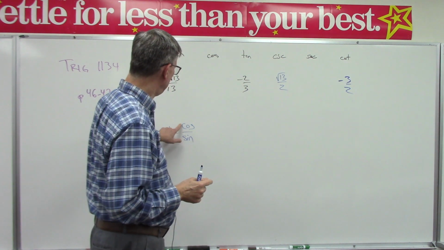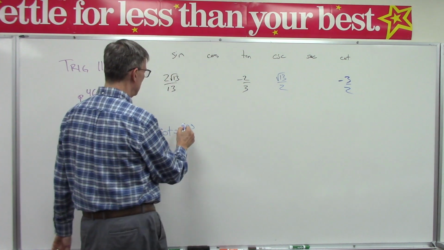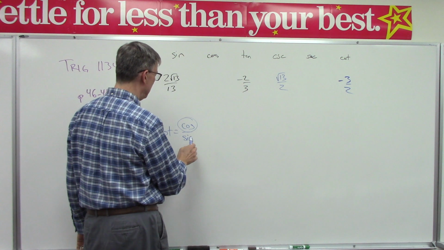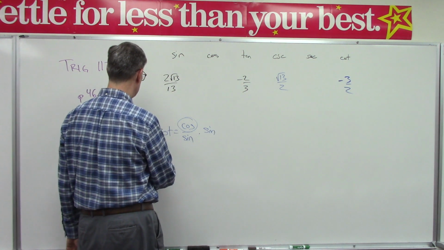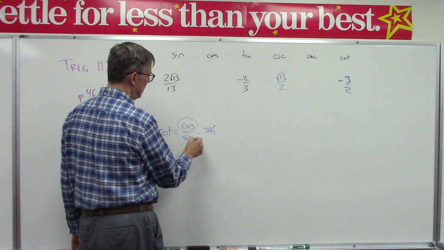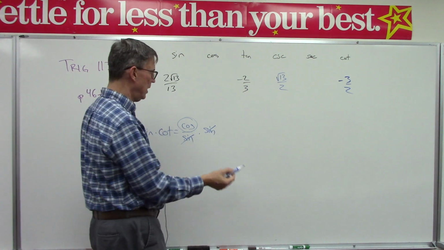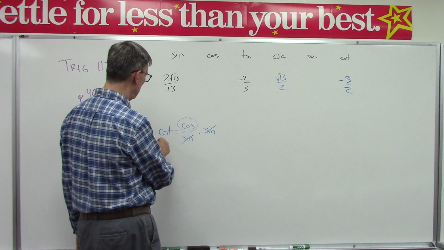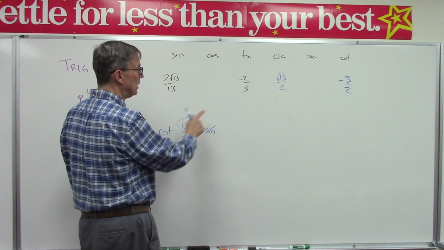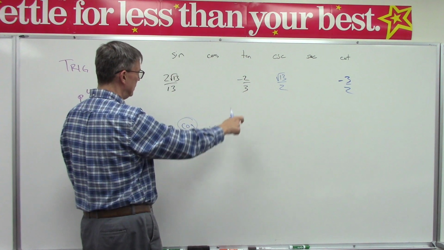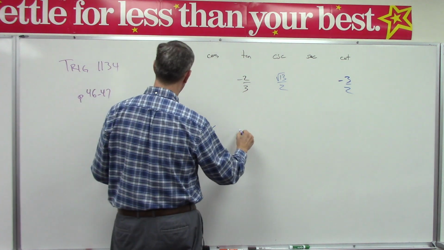That's what I'm trying to solve for at this point. So this is the unknown. But if I multiply both sides of the equation by the sine, then that will cancel out. So I'll have the cosine equals, and now I'm just going to multiply the sine times the cotangent, and I have both of those. So let's do that right here.